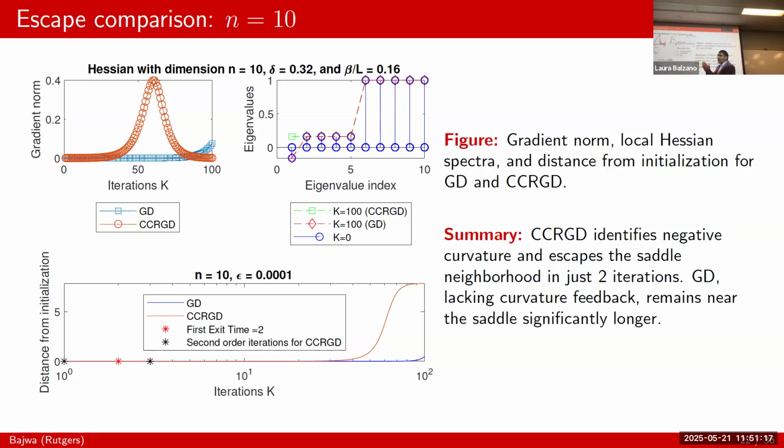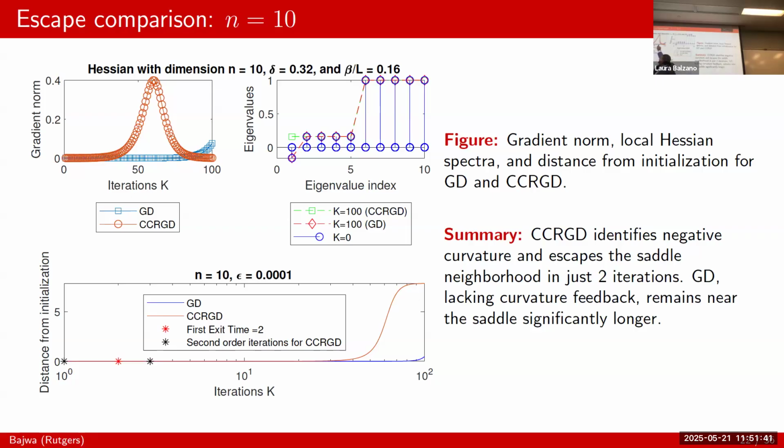We have basically initialized at a point where things are really bad. So gradient descent, even though it is supposed to escape, and it does escape, is slow. This is the curve for distance from initialization. It really stays close. And this is the gradient norm. The blue is gradient descent.